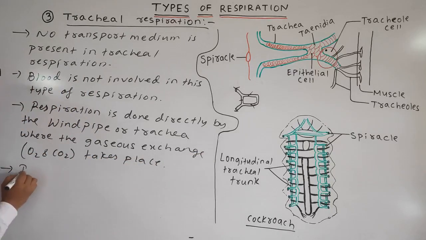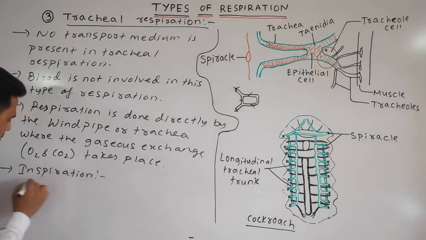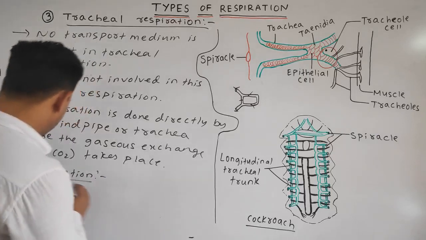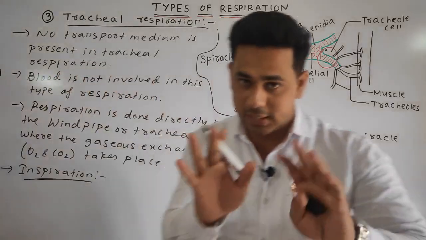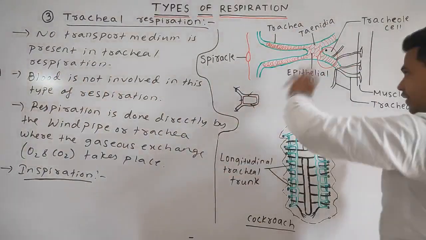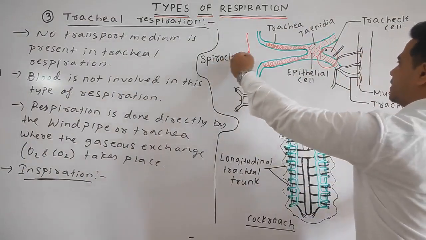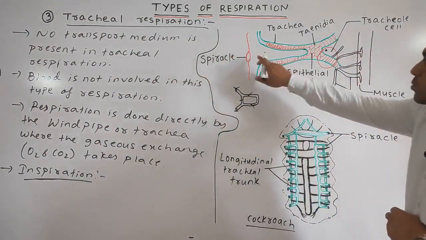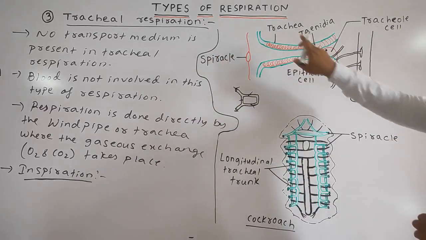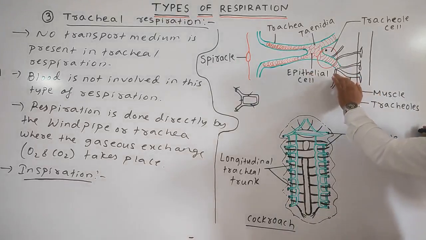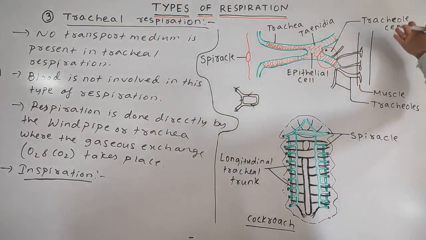If we take the case of inspiration, see what happens. Oxygen basically enters into the spiracles. From the spiracle, it enters the trachea. From the trachea, the oxygen flows into the tracheoles. From the tracheoles, it enters the tissue, where it releases the oxygen.